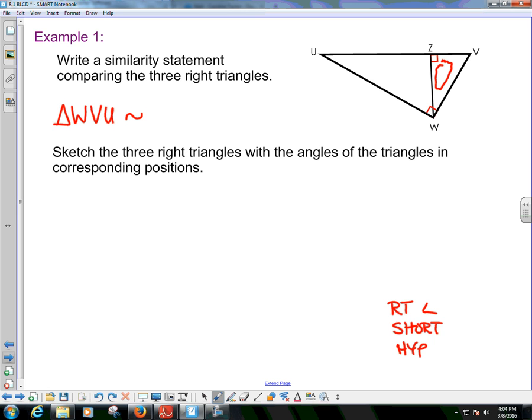Now I'm going to talk about the small triangle. Once again, I want to start at my right angle, go across my short side, and then across my hypotenuse. So I'm going to say that WVU is similar to triangle Z, across my short side to V, and then across my hypotenuse to angle W. Okay, so now I've talked about the small triangle, and now I'm going to talk about the other big triangle that's in there.